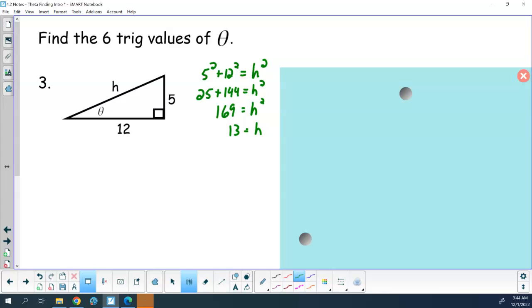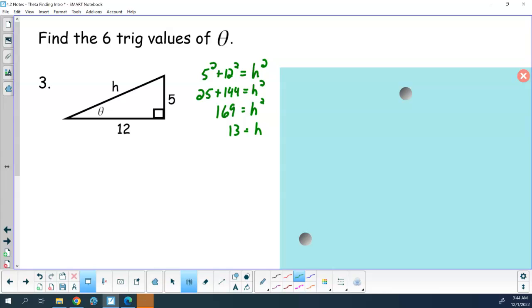Okay? Or if you remember your Pythagorean triples, 3, 4, 5 is the most common one. Okay? Or 6, 8, 10. Or 9, 12, 15. Multiples of 3, 4, 5. Okay? 5, 12, 13 is the next one.